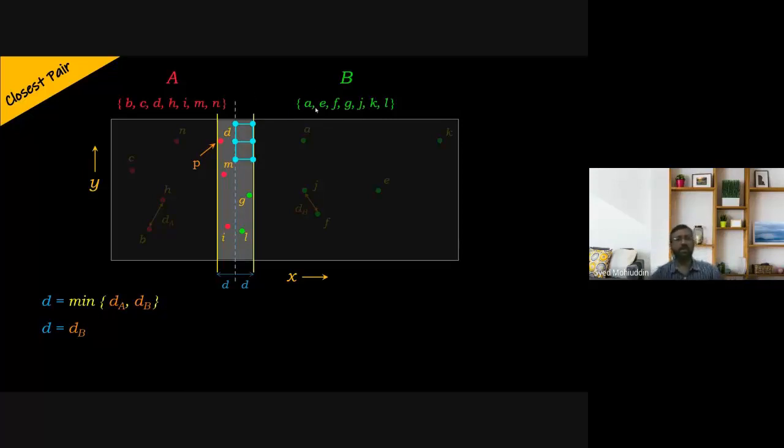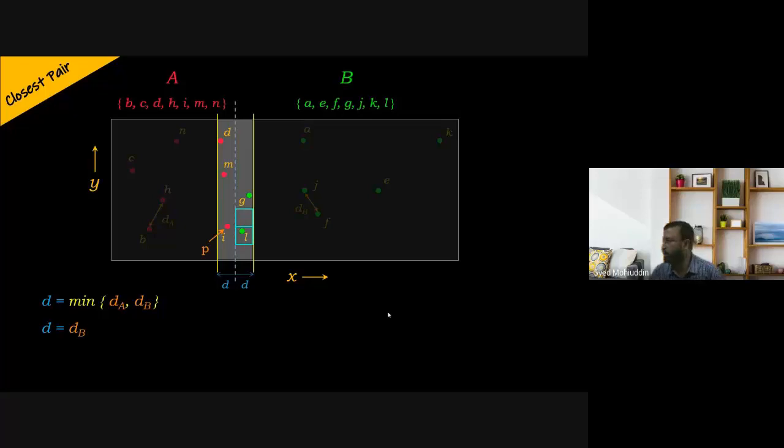Now for D, does any point lie within this region? No. Then we select the next point in region A, within the shaded region, that is the red one. Are there any points which lie within the region of the blue two boxes? No. So that means we have not yet found anything closer than DB, that is J and F. Then we have the last point, I. When we draw the region of the 6 points from I, point L lies within that region.